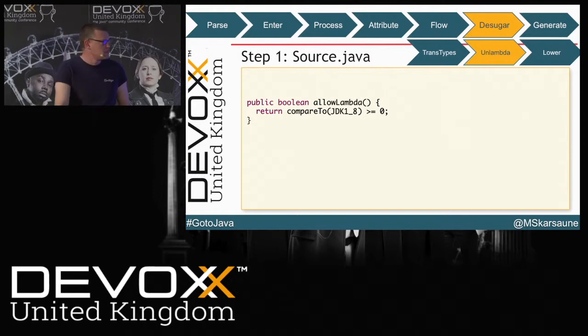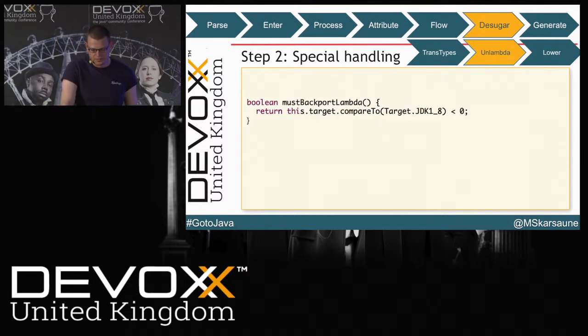So the first thing we do is there's a file called Source.java, which deals with what functions are supported in a certain version. So we say that, okay, anything newer than 1.5, and then since we need to hack some stuff here, I add another tester to see whether we need some special handling.